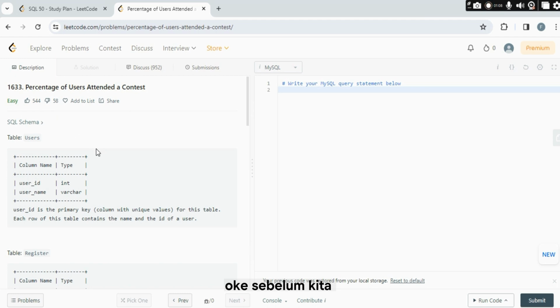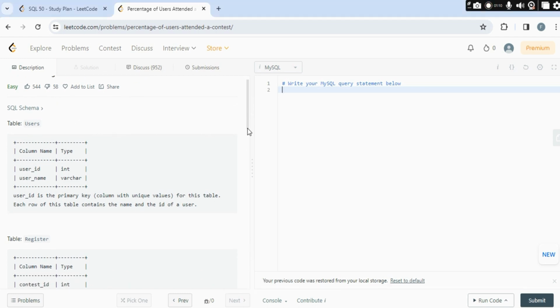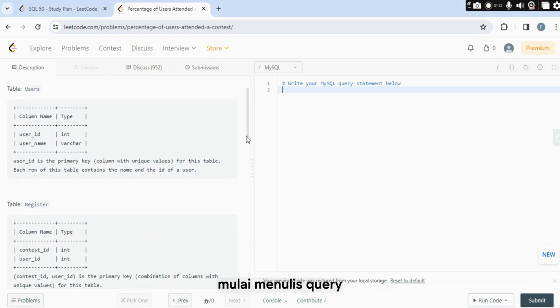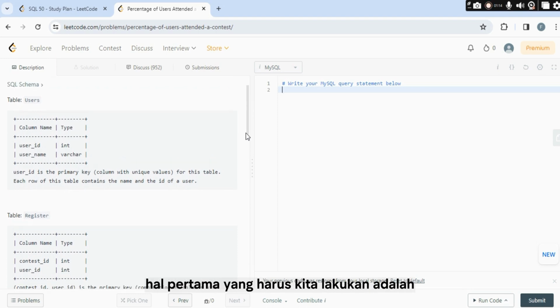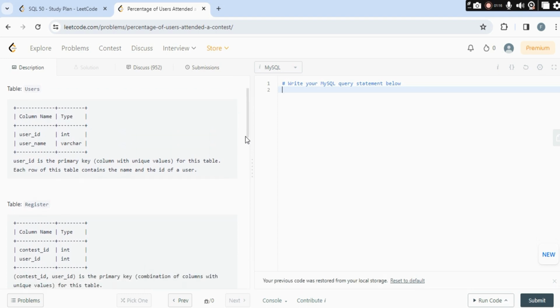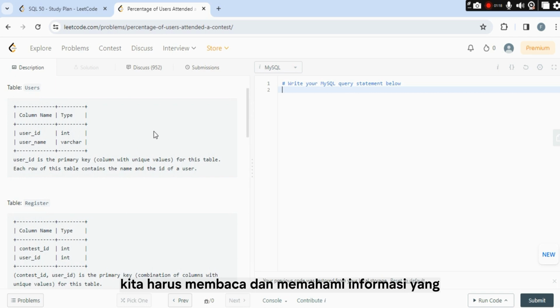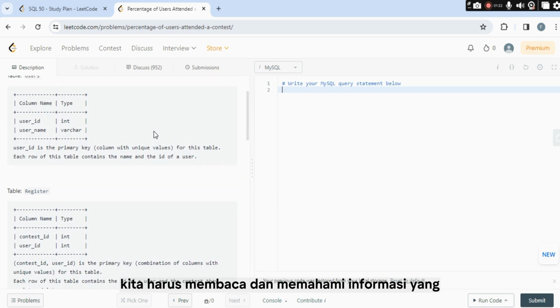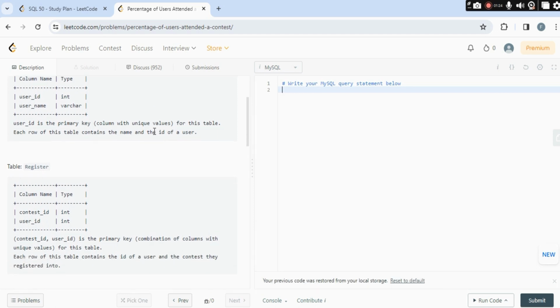Before we start to write our query, the first thing we have to do is read and understand the information that Leetcode.com has given to us.